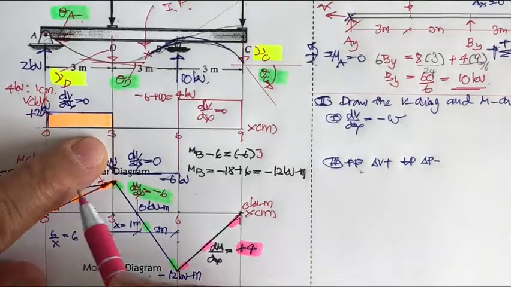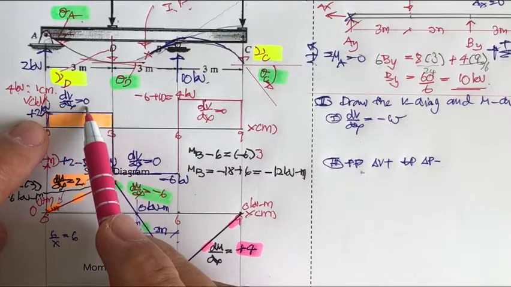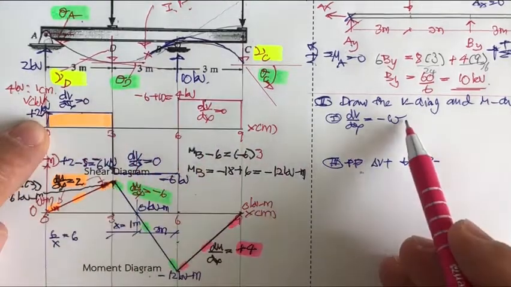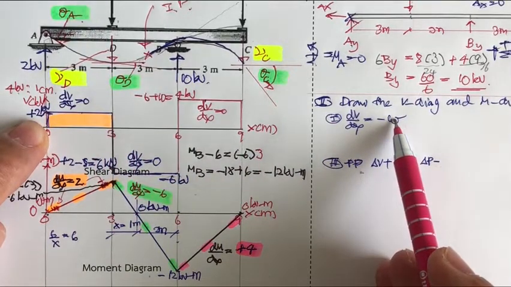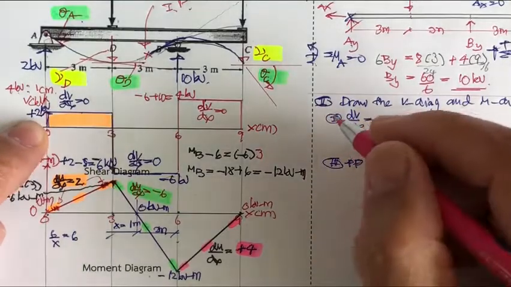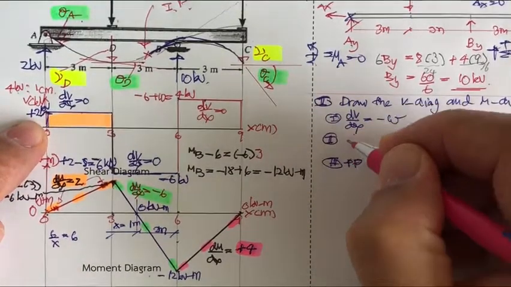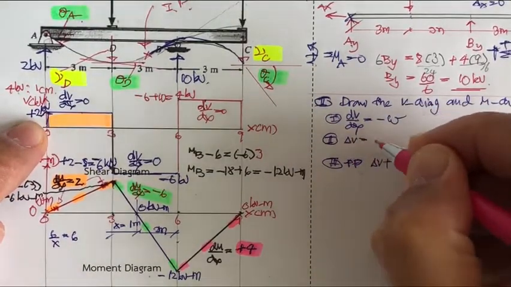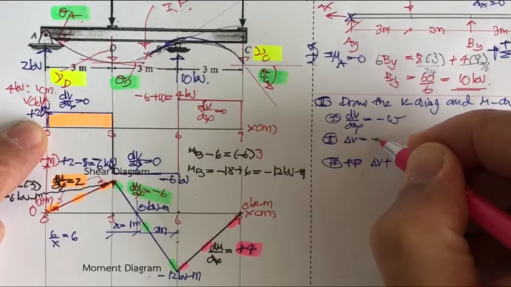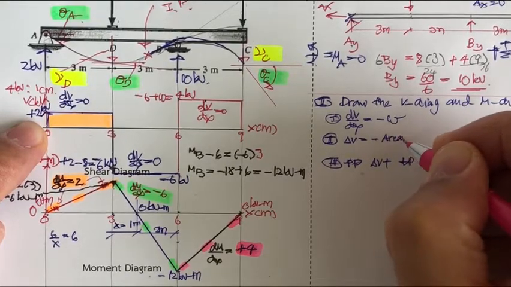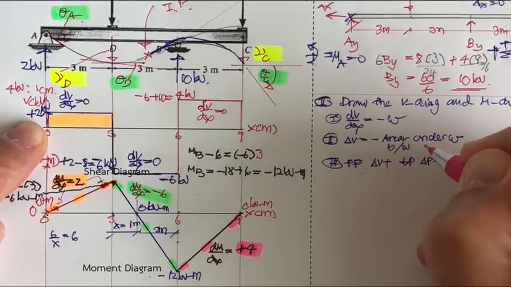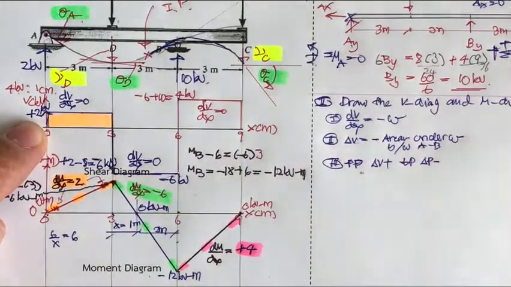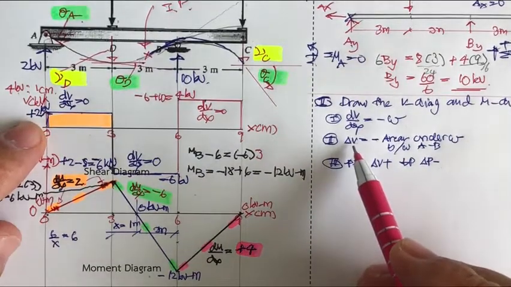Okay, and then dv by dx, the slope, equal to minus w. Now, w slope is 0. Okay, and then you may have also this one, the delta V equal to minus the area under w between A and B, let's say, in the length of AB.